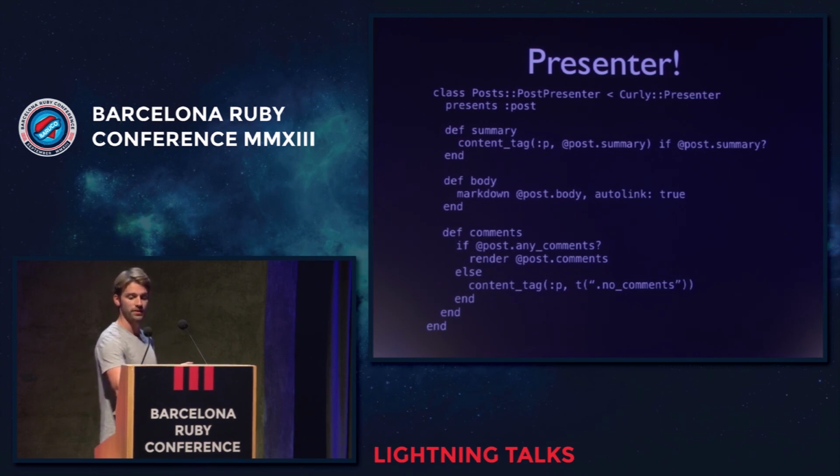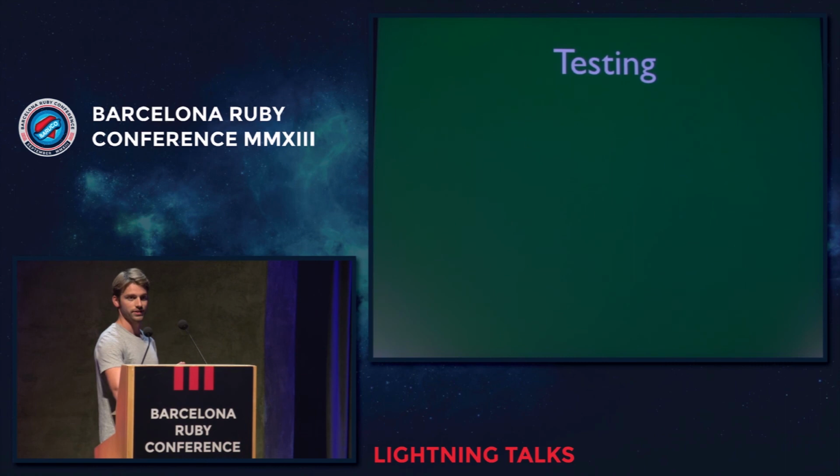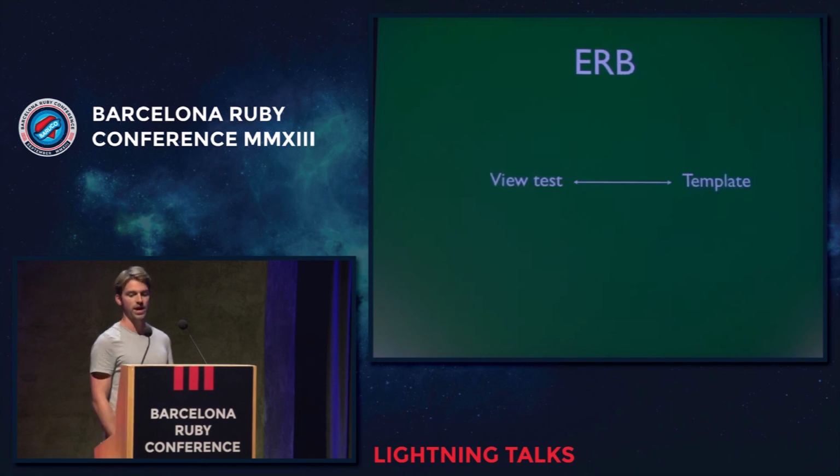So one of the benefits this yields is improved testing. I don't know about you guys, but one of the areas that I find hardest to test in Rails apps are views. Sometimes it's just because it doesn't make that much sense to test the views, but oftentimes it does, but it's just too difficult. So this is the way you test a view in ERB.